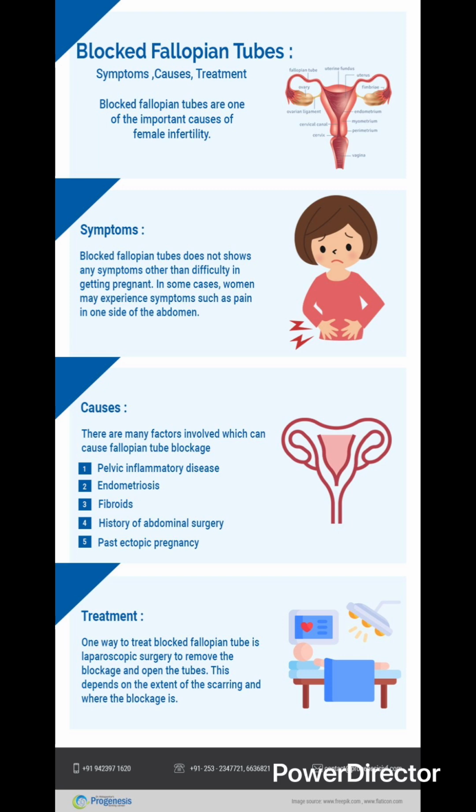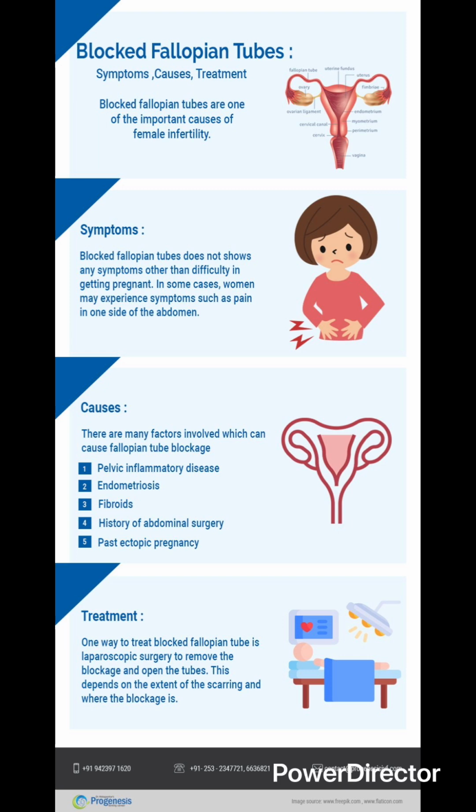How do we diagnose and detect fallopian tube dysfunction? First one, imaging tests such as hysterosalpingiography (HSG) or hysterosalpingo contrast ultrasonography assess the tubal patency. Second one, laparoscopy with chromopertubation is used when more detailed evaluation is needed.